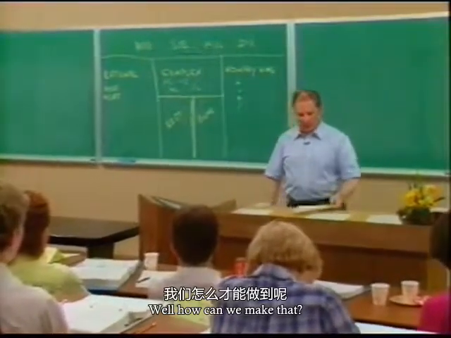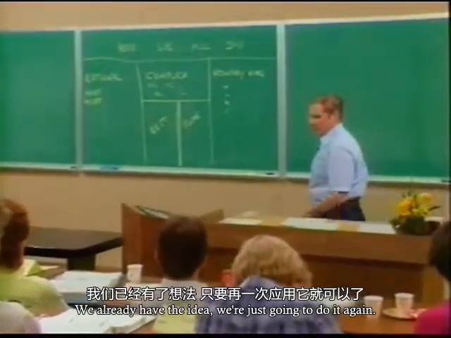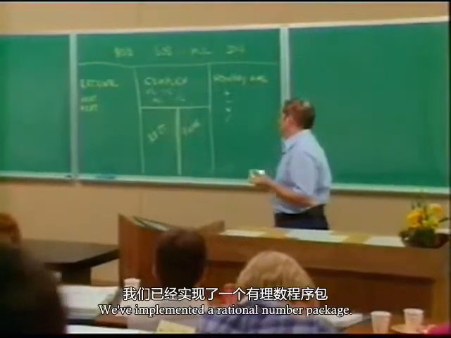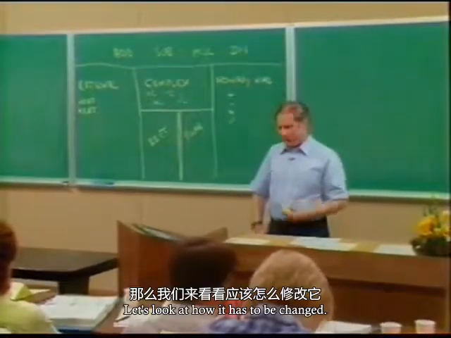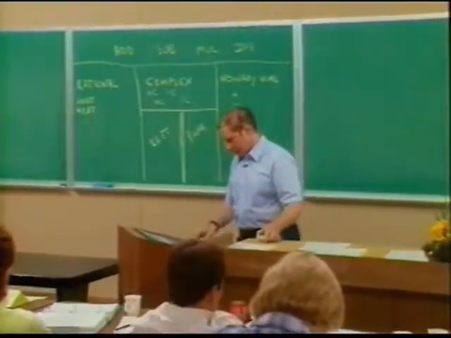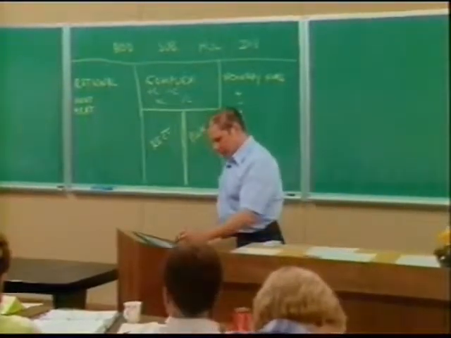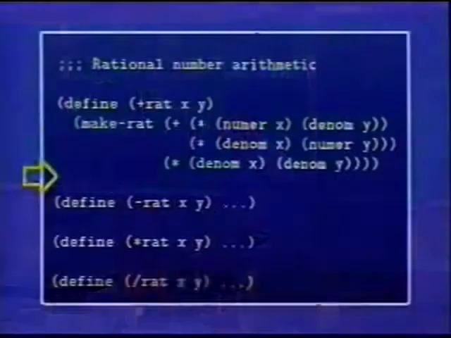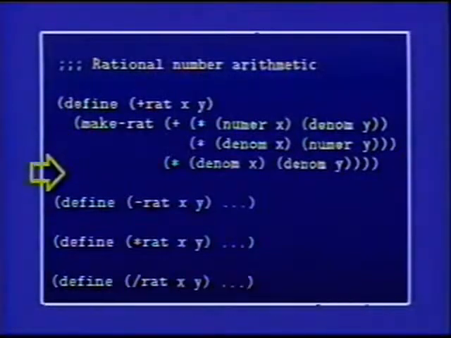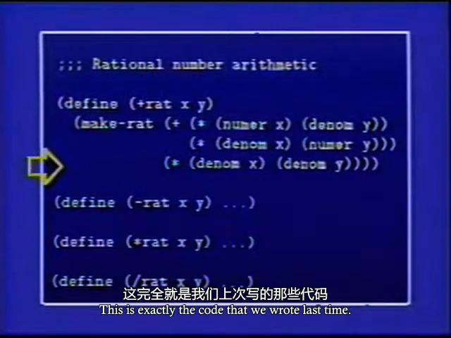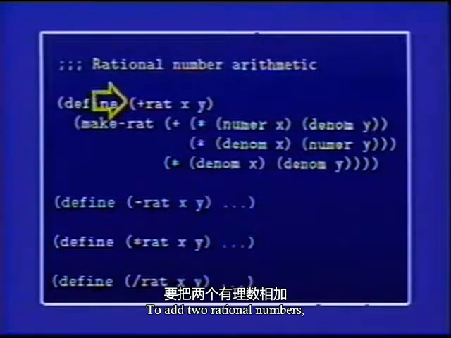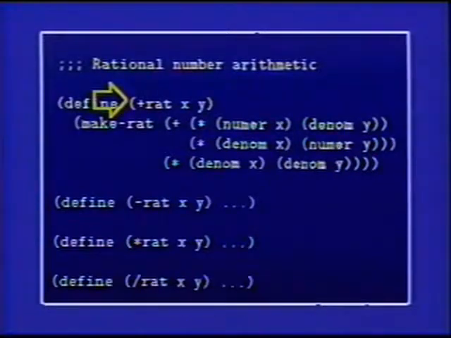Well, how can we make that? We already have the idea. We're just going to do it again. We've implemented a rational number package. Let's look at how it has to be changed. Here is, in fact, at this level, it doesn't have to be changed at all. This is exactly the code that we wrote last time. To add two rational numbers, you remember there was this formula.